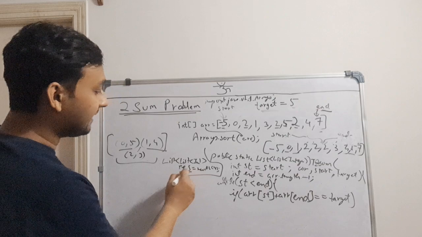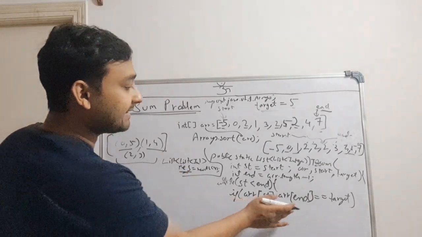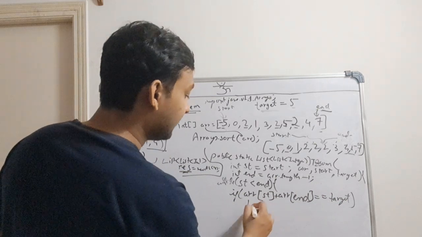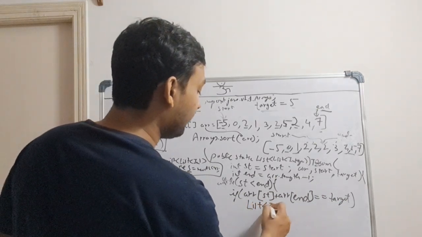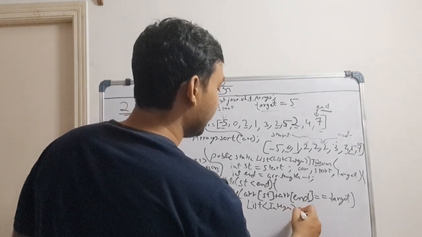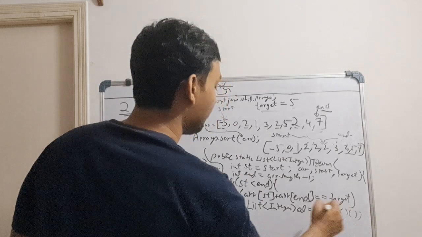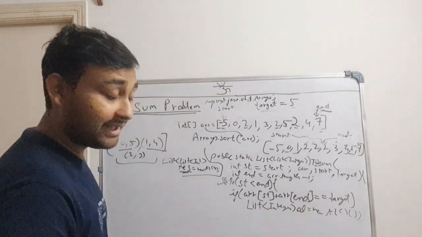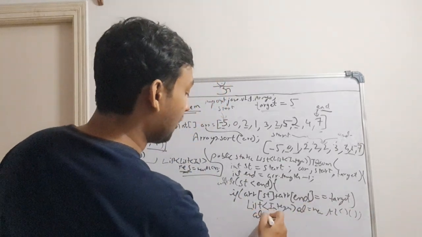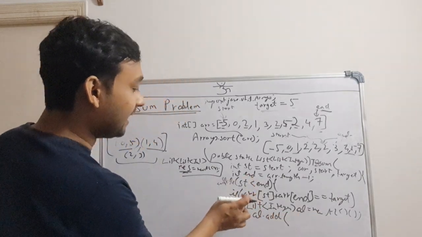So this result is the list of lists that I have to use over here, and if this sum is equal to my target, I will create one list of integers, al, equal to new ArrayList. Here I have to do al dot add. I have to add these two, right?